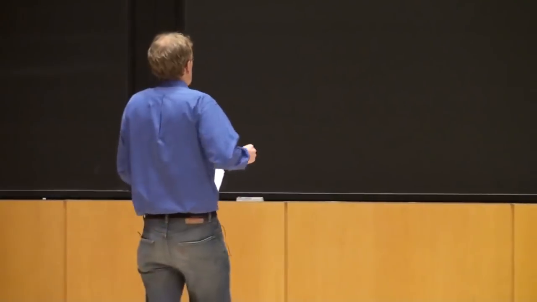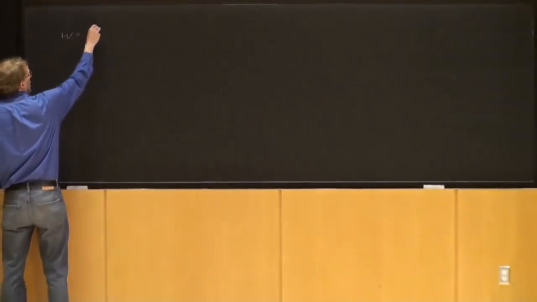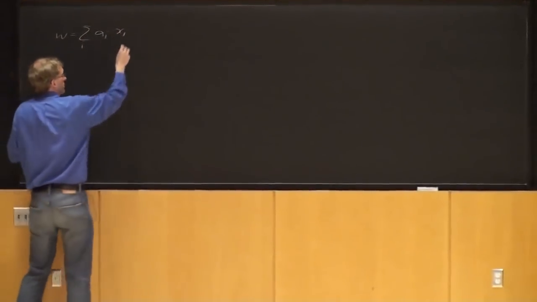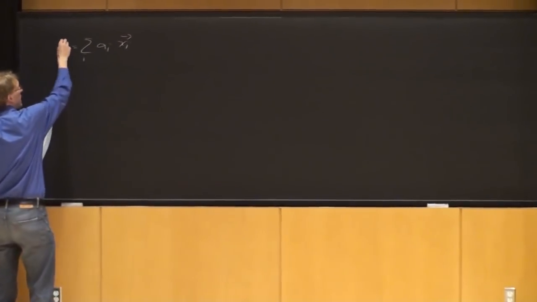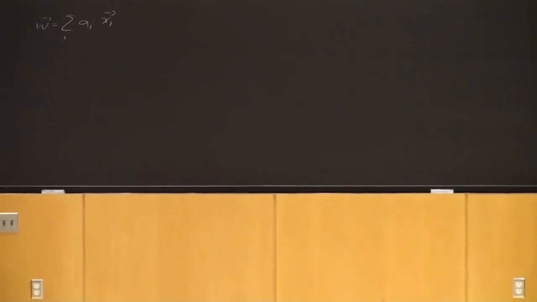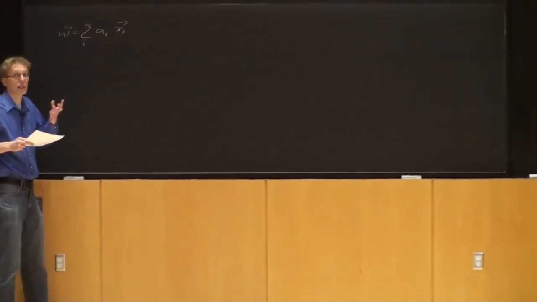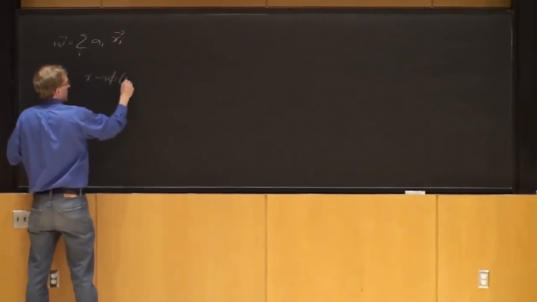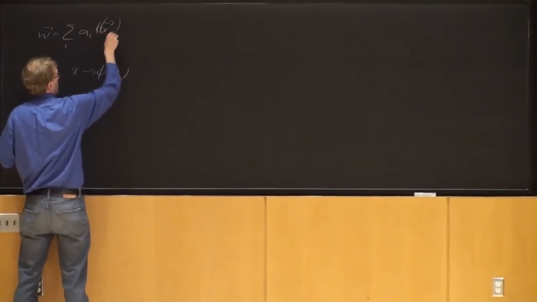But then I showed you that we can actually write this vector w, at least for the square loss, as the sum of alpha_i x_i. So we can write w as a linear combination of these x's. If we do the transformation phi of x, then we would have phi of x_i here.